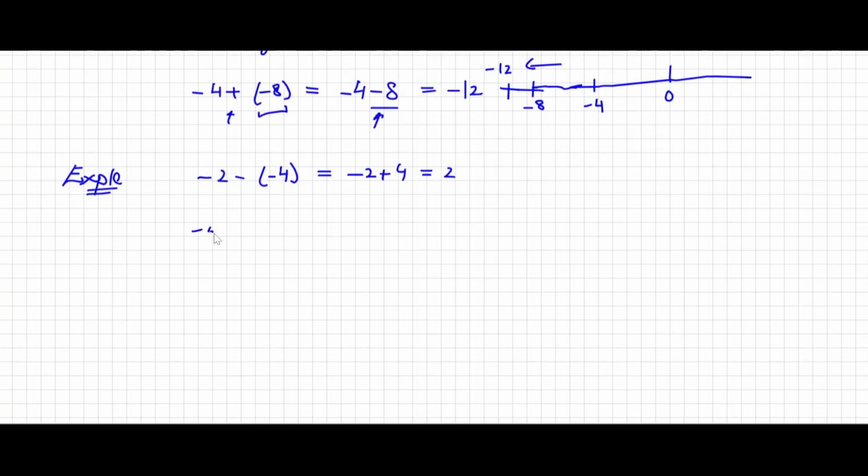Next example: we have -5 and we are adding -7. So it is -5 -7 and it becomes -12. Adding a negative number is the same as subtracting a positive number.